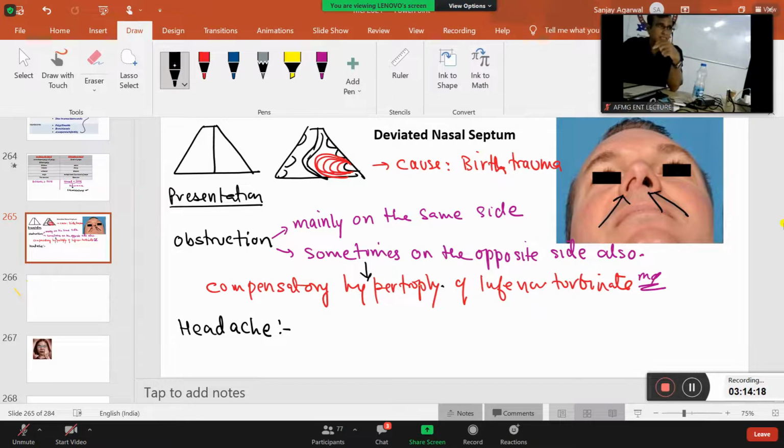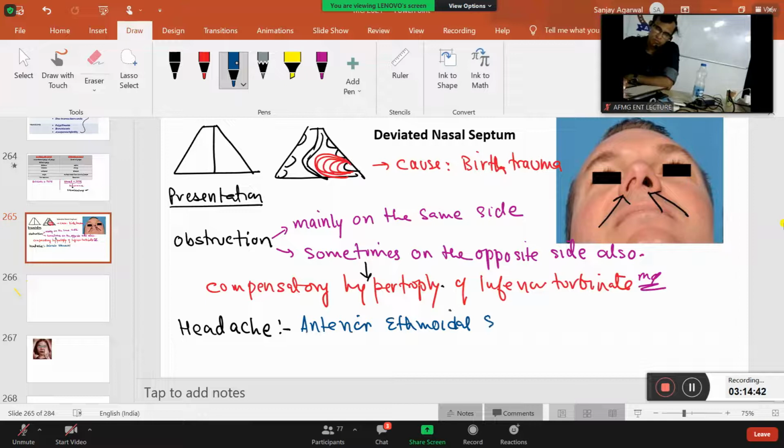Referred pain. This is referred pain, neuralgia, and there is definitely a nerve involved. So they ask which nerve. Anterior ethmoidal nerve. This pain is caused by the anterior ethmoidal nerve, and that's why this pain is called anterior ethmoidal syndrome.